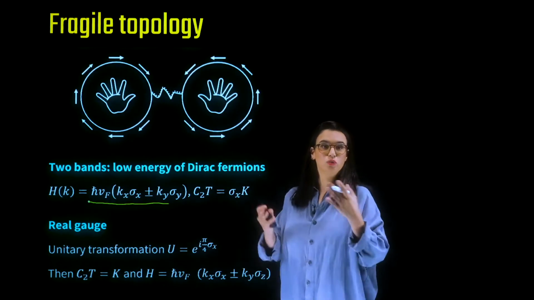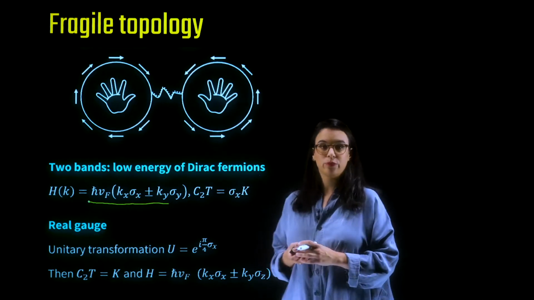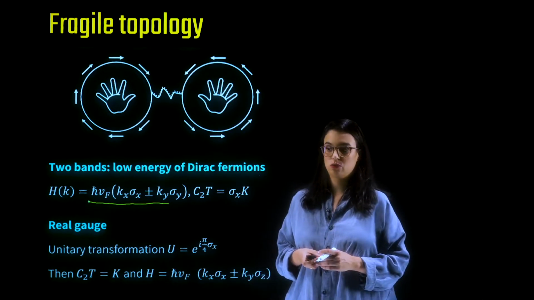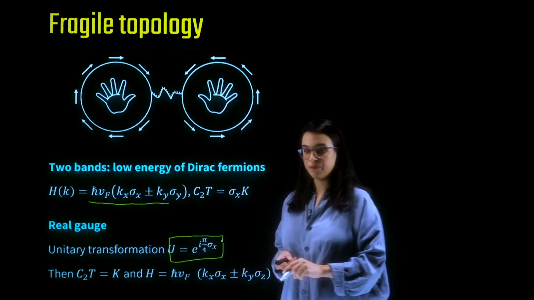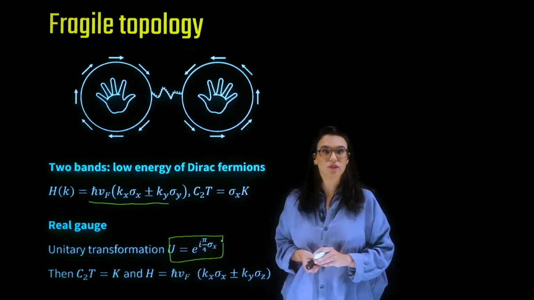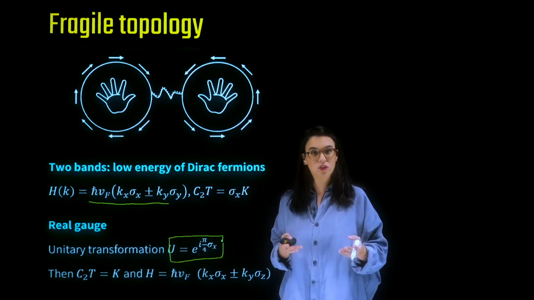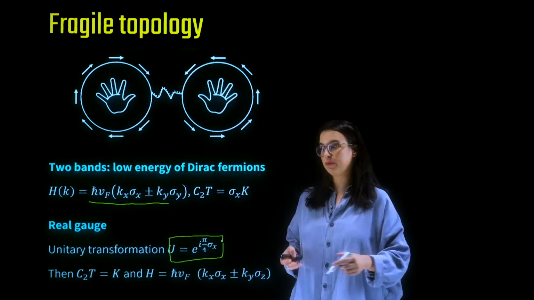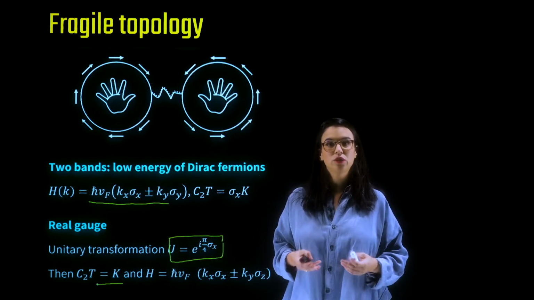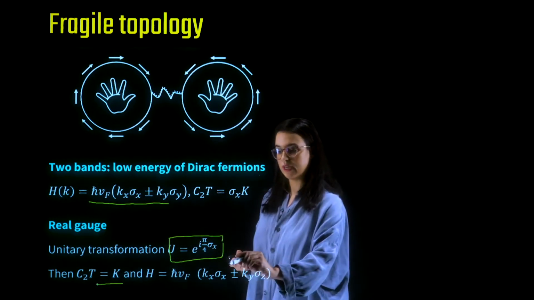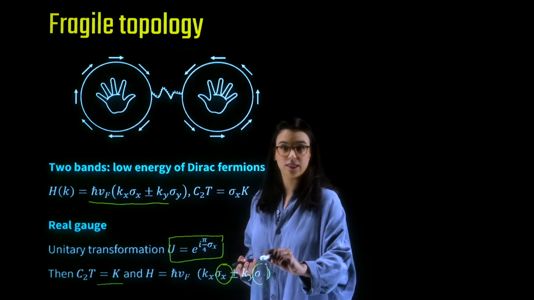We can change it to a real gauge by performing a unitary transformation to the Hamiltonian, which is written here in this form. And when we apply this unitary transformation, the C2T operator is actually going to be just complex conjugation, and the Hamiltonian will only have components in sigma x and in sigma z.